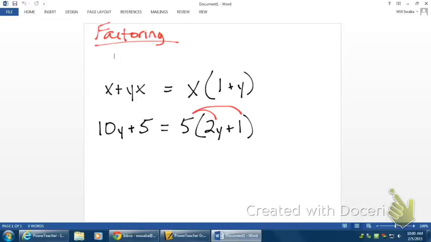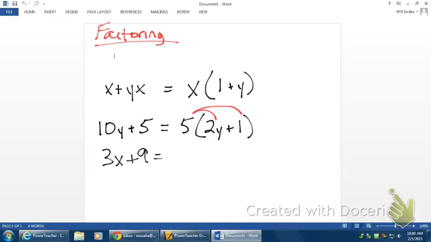Now let's say I had this. What's my greatest common factor of these two terms? 3x and 9.